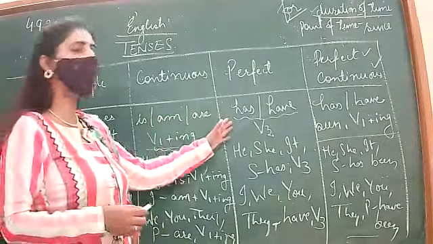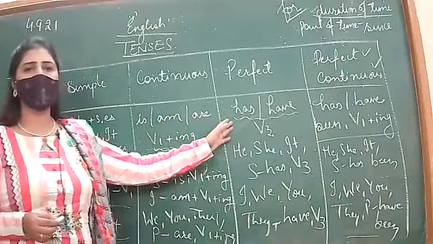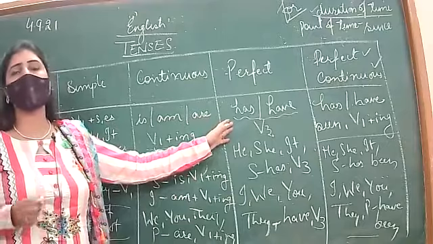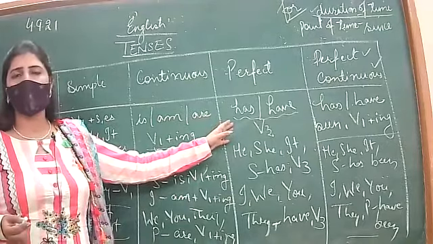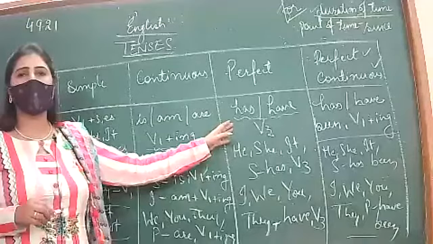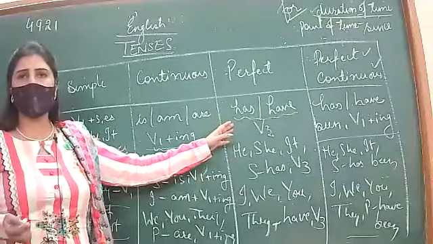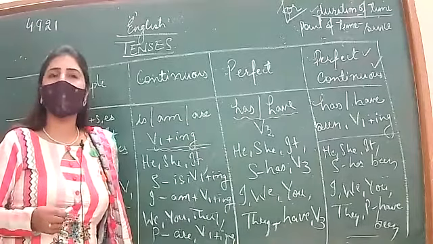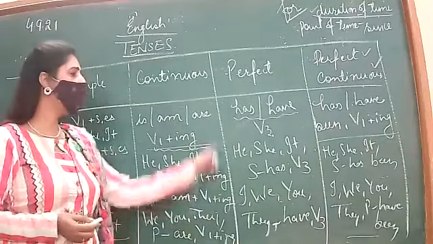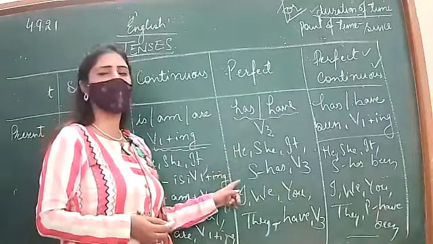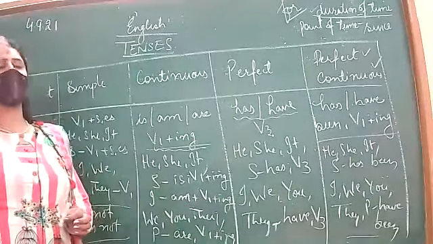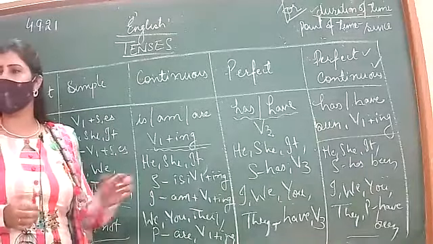Similarly here, negative of perfect tense: how will you formulate it? Has not, have not. For example, I have not done my work. They have not submitted their work. She has not agreed to my proposal. So these are the negative ones. And when we have to form interrogative of these, has and have go at the starting.